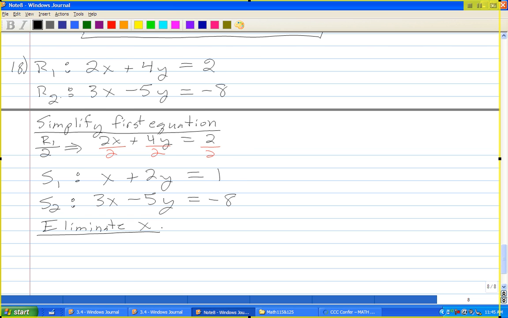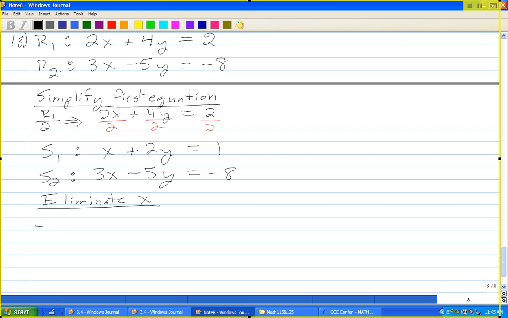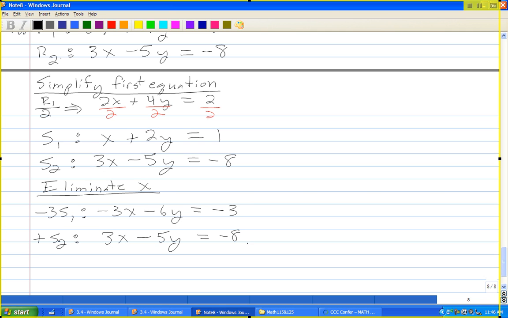So I chose to eliminate the x variable. So let me multiply the first equation by -3 and add that to the second equation. So let's do that. And so the 3x's cancel. So I have no x, minus 11y equals -11.